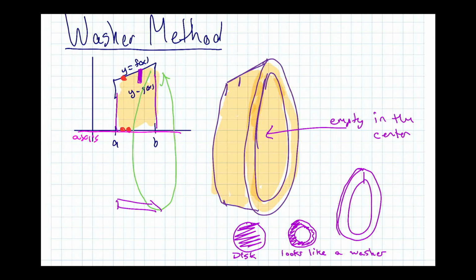And then if you add a second curve, with a different color, like that, and you did the disk method with that green region, that would be the area inside here. And so if you cut out the green area from the orange area, then you would be left with what you actually wanted. So you cut out the center, and you will be left with this area, which is the area that you wanted. So it's the same idea.